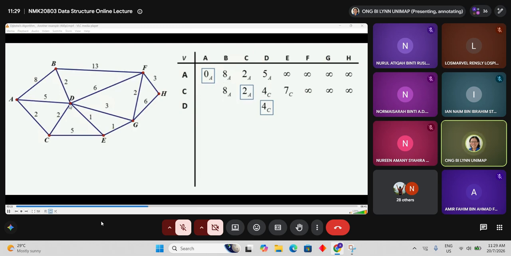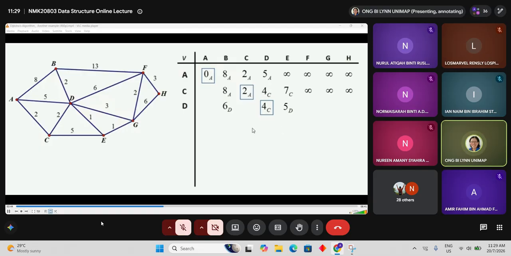Well, I can add a weight of 2 to get from D to B. 2 plus 4 is 6, and that is better than 8. So I'll mark the 6, and it came through vertex D. Can I get to vertex E? Yes, with a weight of 1. 4 plus 1 is 5, and that's an improvement over the 7 that we had.